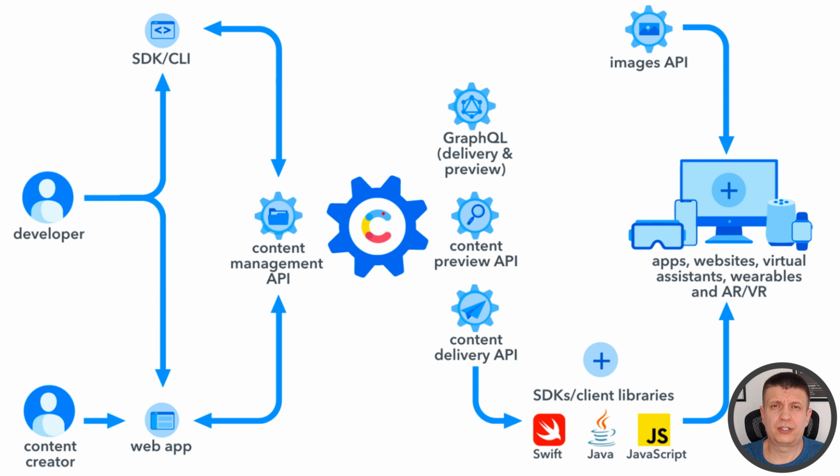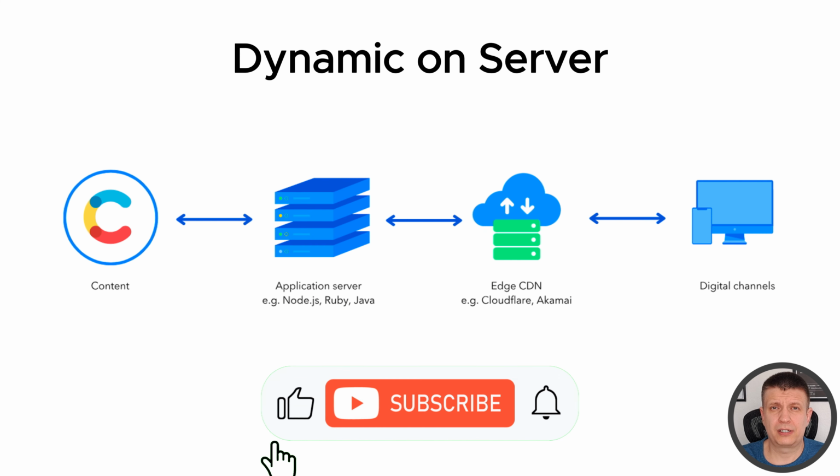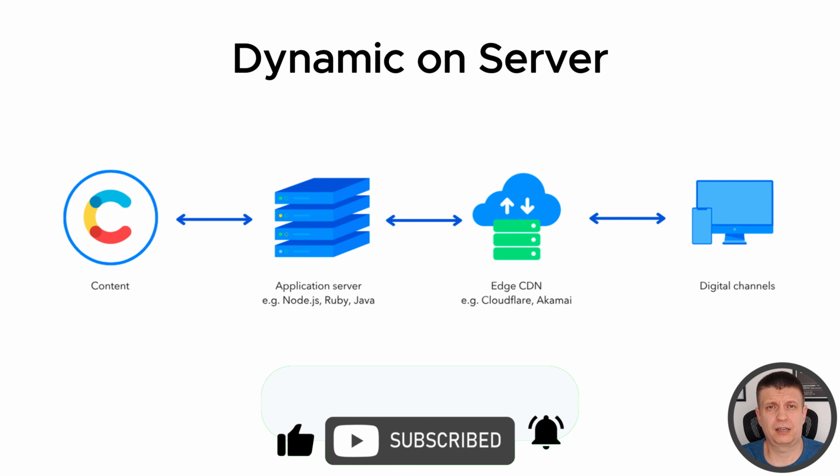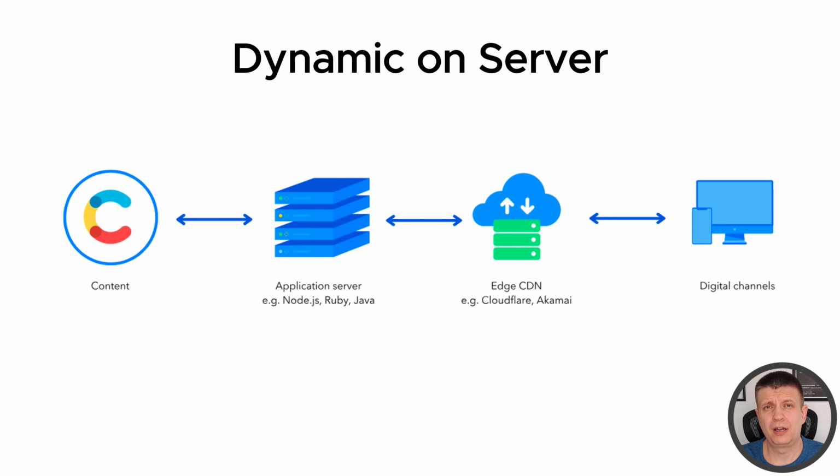Now let's go ahead and take a look at the content delivery methods. The first method is dynamic on a server. So you have a full stack app, right? It can be Laravel, for example, Next.js, or Ruby on Rails. You get the content from the Contentful API on the server, and then you send your assembled page to the browser.